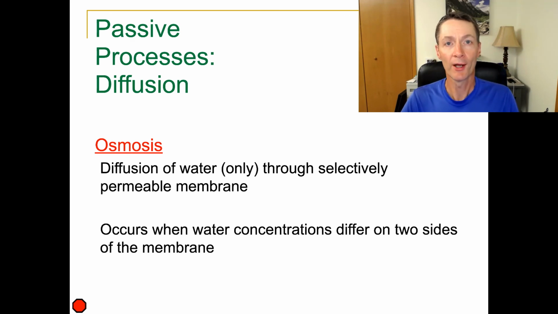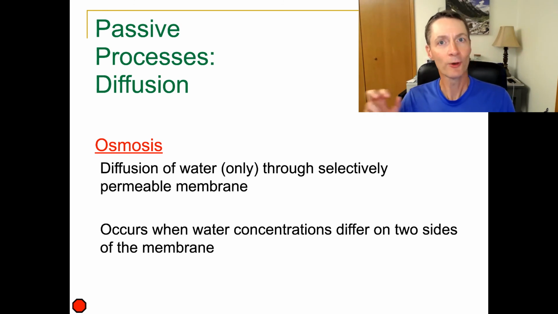Now, there's one other example that's such a special example of facilitated diffusion that we give it its own name, and that is the movement of water. Okay? Water exists in the extracellular fluids, very abundant, right? Most abundant item out there, and it's abundant in the intracellular fluids, most abundant.